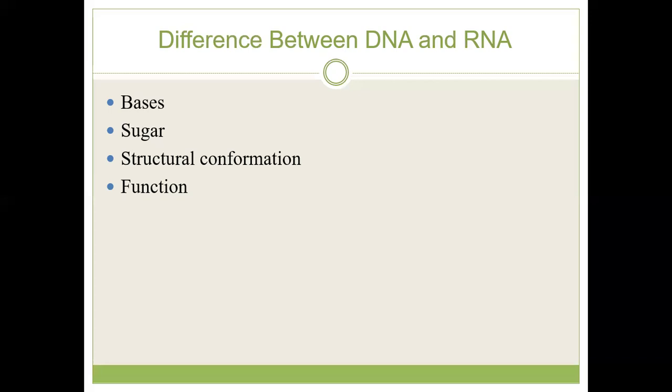Now, the last one, which was not mentioned here, is with respect to stability. We said DNA tends to be more stable than RNA. What makes RNA less stable is that the OH group present at carbon 2 of the ribose sugar in RNA is very reactive.